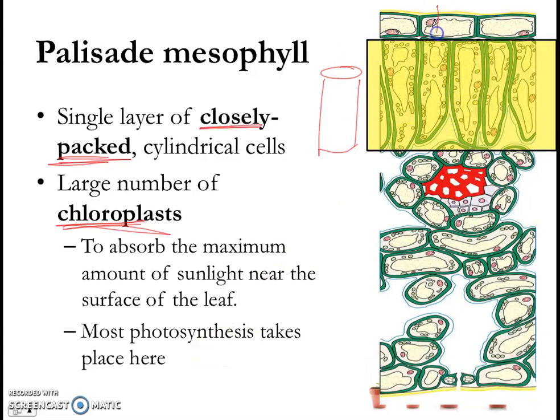Light passes through the upper epidermis, and because the cells are so closely packed and they have so many chloroplasts, they carry out the majority of photosynthesis in the leaf. Alright, so near the surface of the leaf, there is a lot of sunlight, so the palisade mesophyll is adapted to absorb the maximum amount of sunlight near the surface of the leaf.